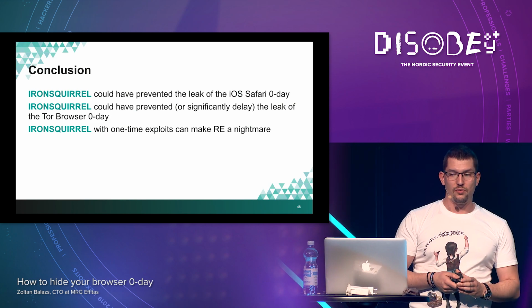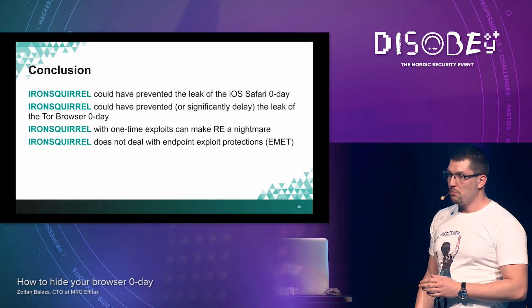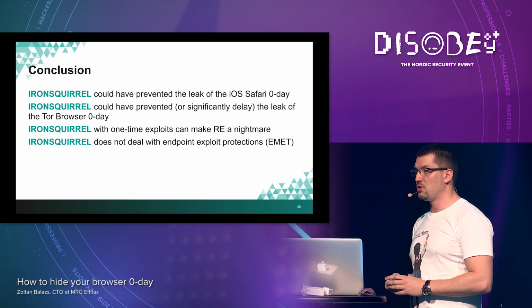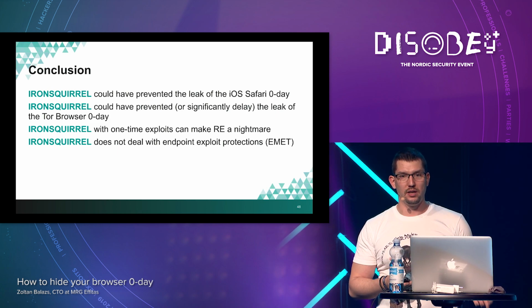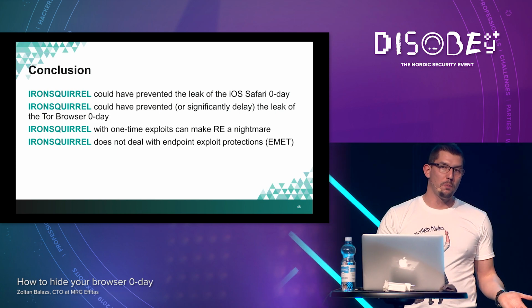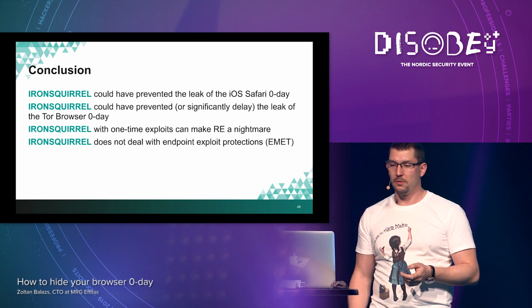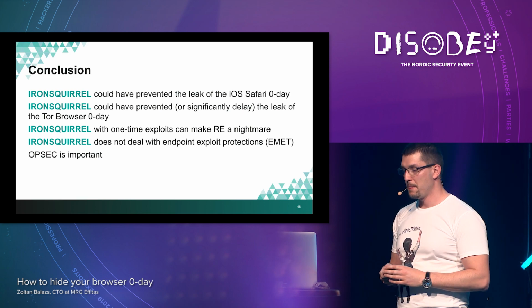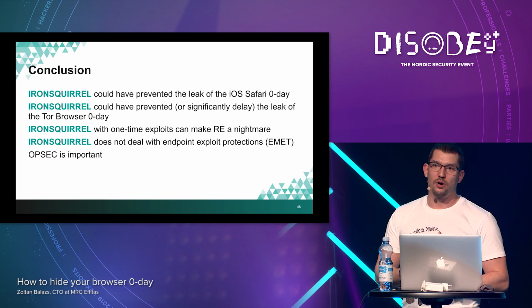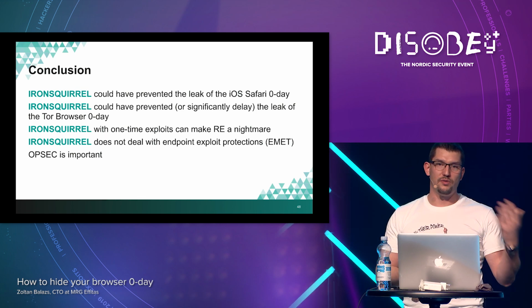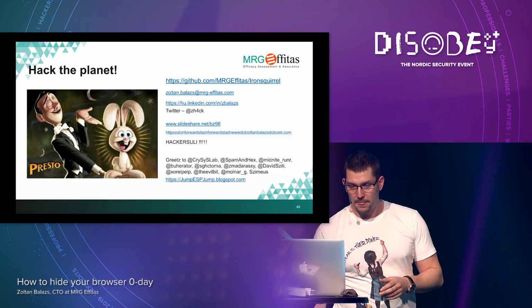If someone is using one-time exploits, it can make reverse engineering a nightmare. But as you might imagine, this whole encrypted exploit delivery doesn't really deal with any endpoint exploit protections. That's a totally different topic, so you shouldn't expect anything from that. And as always, OPSEC is very important. Either you are on a defensive side or an offensive side, you should always think about that.